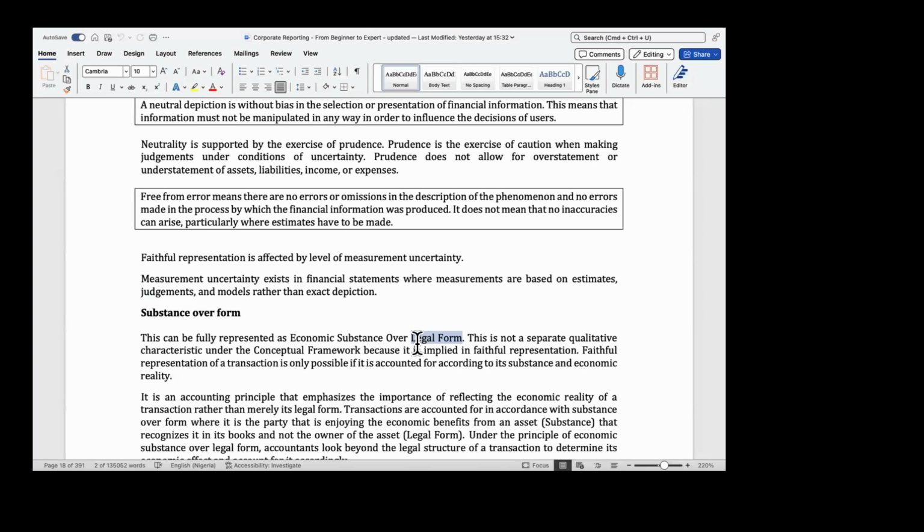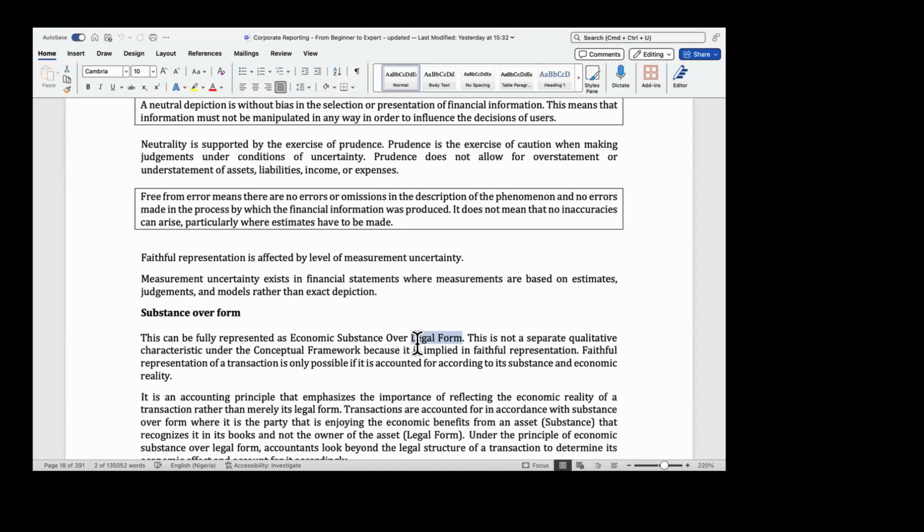For example, in a lease arrangement, you find out that the economic substance is different from the legal form. Because in a lease arrangement, there is a tenant or a lessee that is using an asset to make money. And on the other hand, there is the owner or the lessor that owns the asset and is just collecting rent.